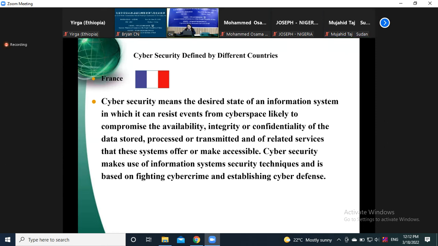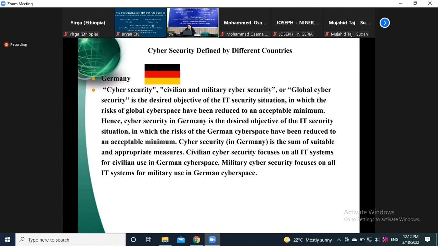Cybersecurity makes use of information system security technologies and is based on fighting cyber crimes and establishing cyber defense. And in Germany, cybersecurity, and similarly military cybersecurity, are global cybersecurity. This is the desired objective of the IT security situation in which the risks of the global cyberspace have been reduced to acceptable minimums.